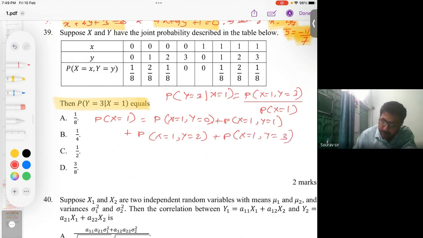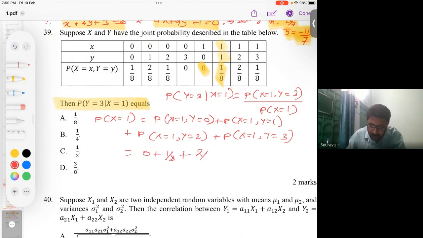So just put these values here. When X equal to 1 and Y equal to 0, the value will be 0. When X equal to 1 and Y equal to 1, the value will be 1/8. In this manner, putting in the values from the table, we find 0 plus 1/8 plus 2/8 plus 1/8, which is equivalent to 1/2.